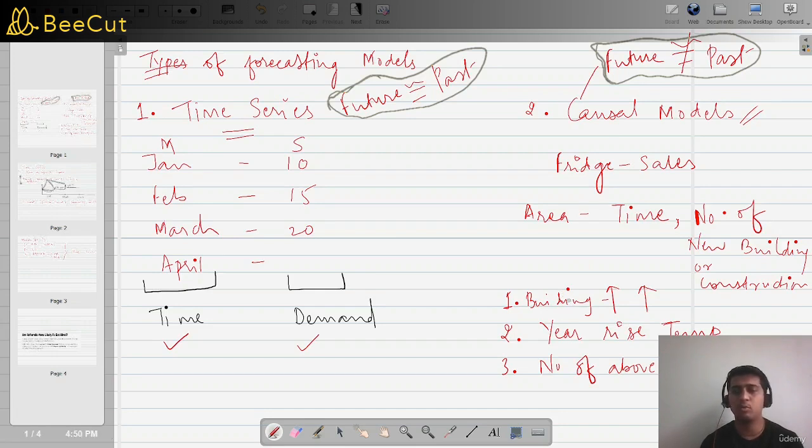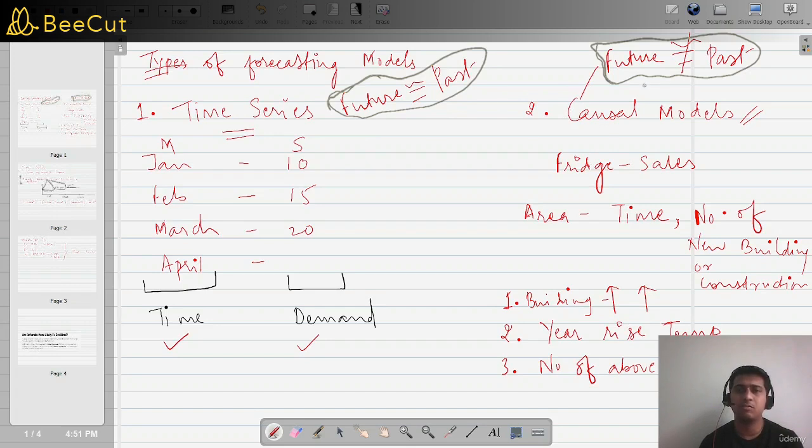Government has introduced some new policy for poor people, or some companies are coming into the city and giving accommodations to their employees, and a lot of new families are going to shift. So the output of fridges is going to be dependent upon a lot of other factors. It's not just equivalent to the past. That's the major difference between causal models and time series.